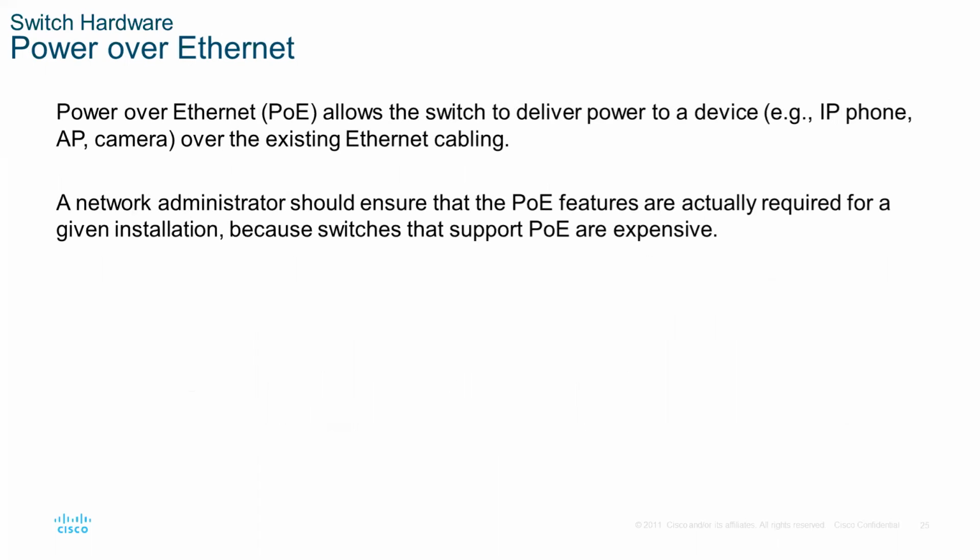So in other words, how many ports on the switch can provide power over Ethernet. And then we've got to look at how much of the overall power we can supply, because each device requires a different level of power, and we've got to cater for the individual needs.